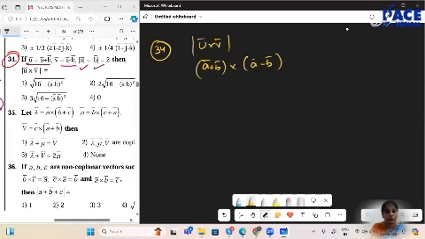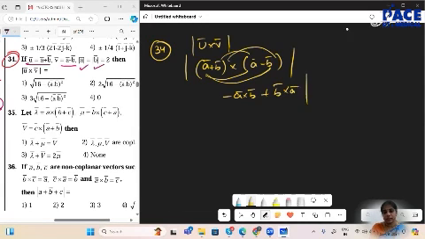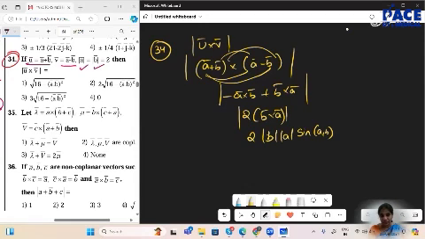So A plus B cross A minus B: A cross A is 0, minus A cross B, next plus B cross A, and the other one is 0. This is nothing but 2 times B cross A taken mod. Now, what is B cross A? It is 2 times mod B mod A sine of angle between A and B.